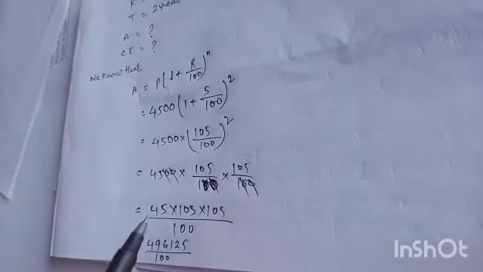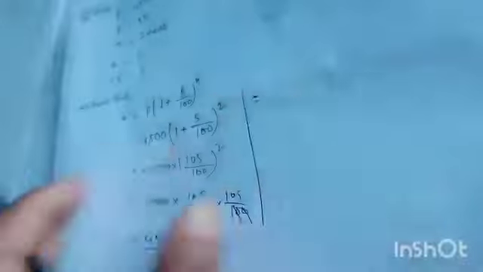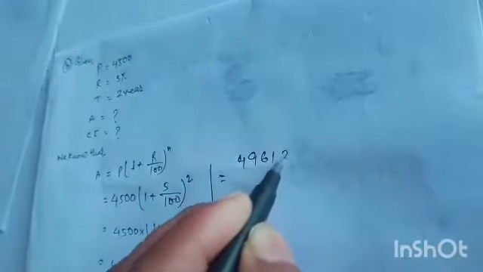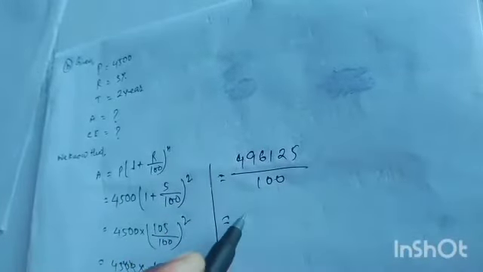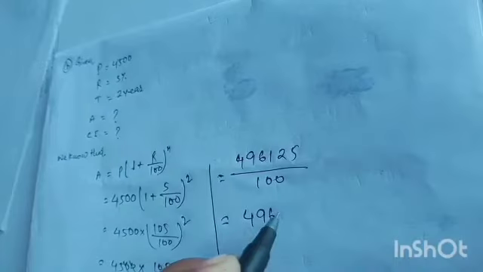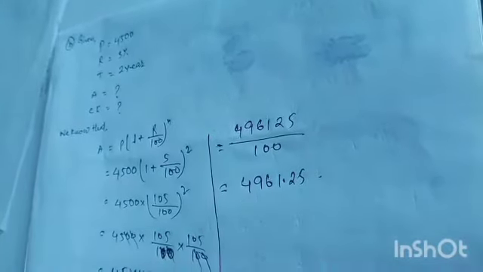Okay, so if you are dividing it by 100, that means 4,96,125 divided by 100 will be 4,961.25.